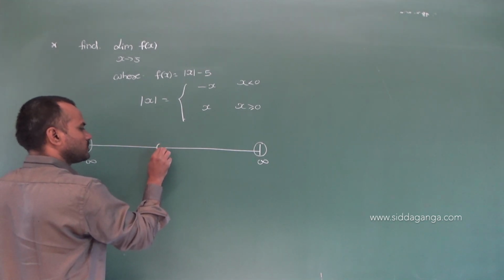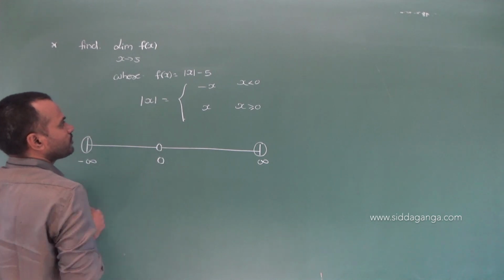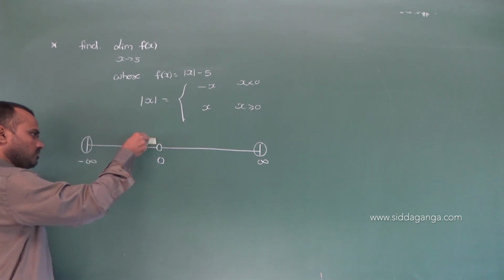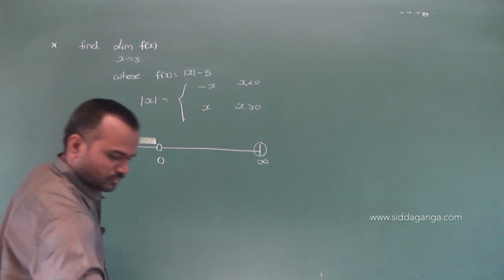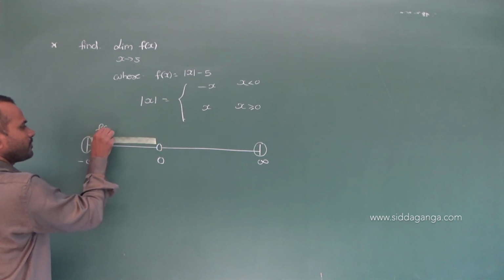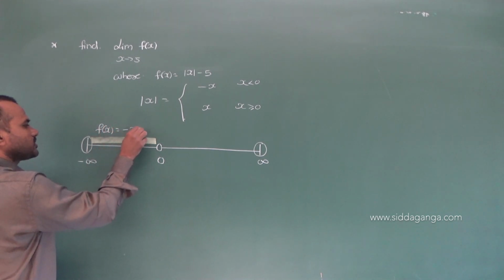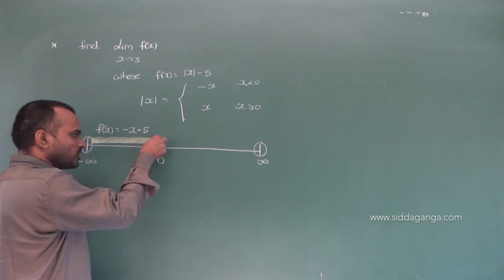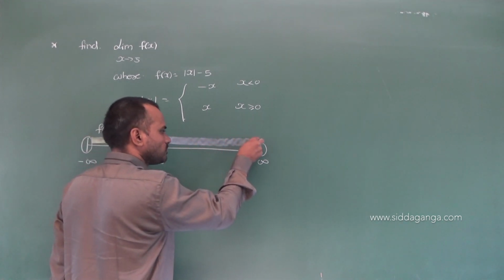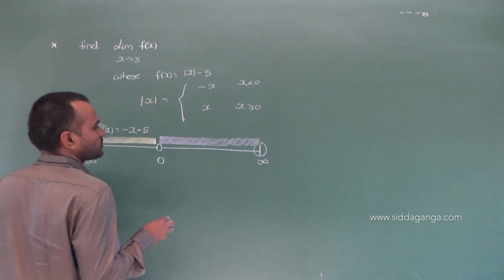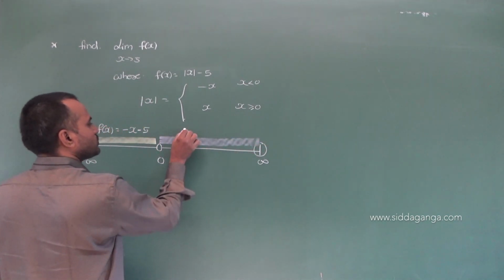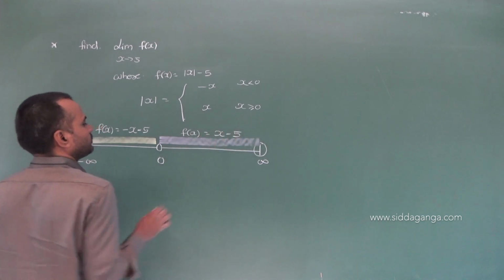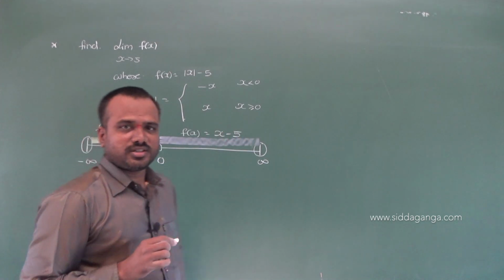Zero we write first, at x equal to 0. For x less than 0, f of x is minus of x minus 5. And for x greater than or equal to 0, including this one, and excluding minus infinity, f of x is x minus 5. This is the function.